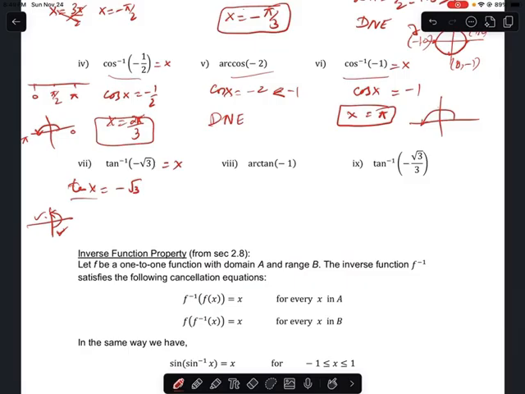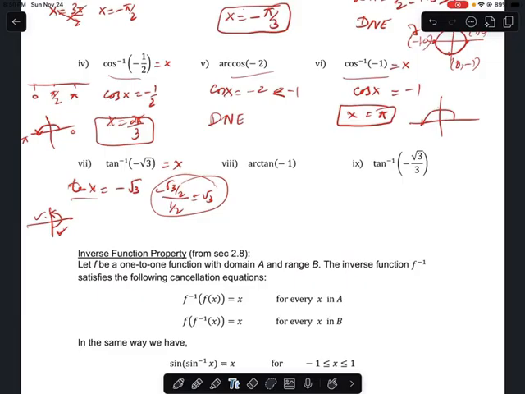Tangent inverse of negative square root of 3, so equal to x, which means tangent of x equals negative square root of 3. Now the tangent is negative in the first quadrant, so which means the answer to this one could be here or could be here. Okay, but since we want it to be in these two quadrants, so it must be, sorry, my bad, I got it wrong.